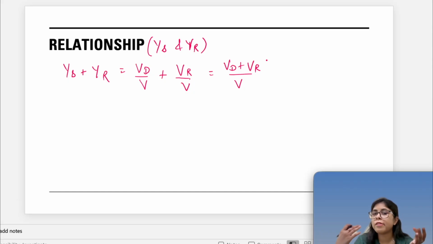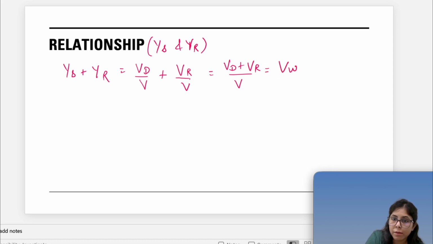So Vd and Vr is nothing but the total volume of void, right? So in combination it makes Vw upon V.